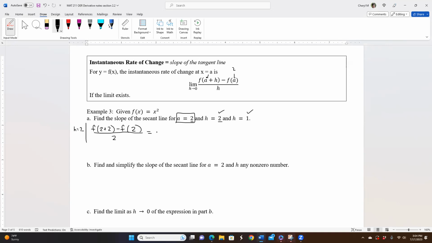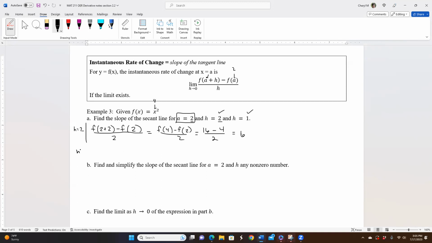That will give us f of 4 minus f of 2 over 2. Well, f of 4 means we're substituting a 4 into x squared, and 4 squared is 16. F of 2 means we're substituting a 2 in here, so we'd have 2 squared, or 4. So 12 over 2, or 6.